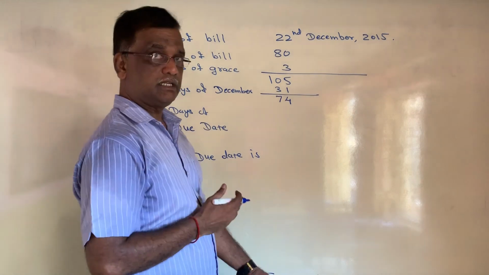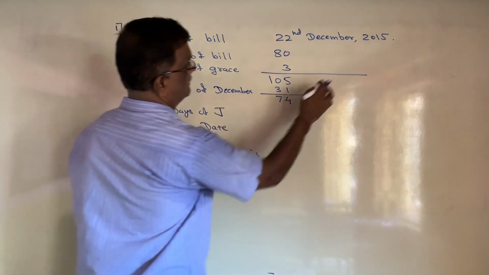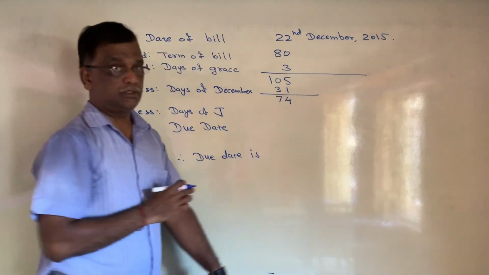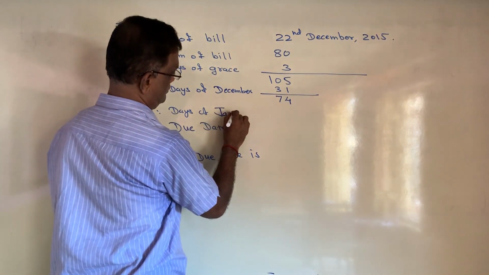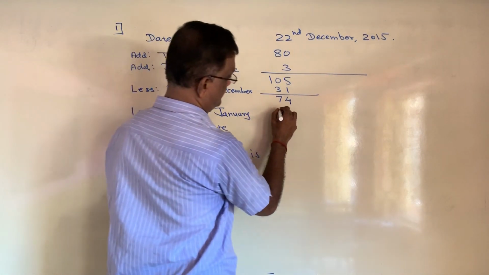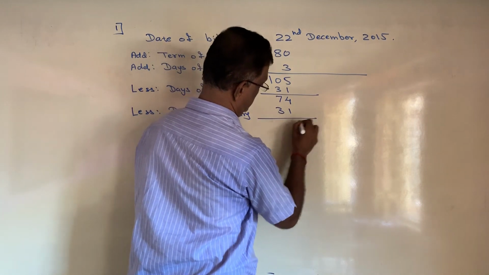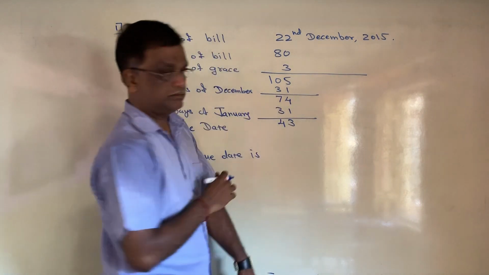How many days are there in January? 31 again. So days of January. Now this is 2015, so January will be of 2016. Remember. Days of January 31. Minus, 43 left.